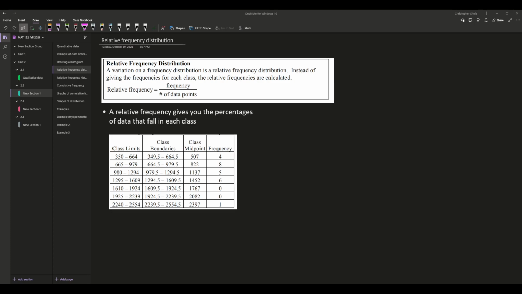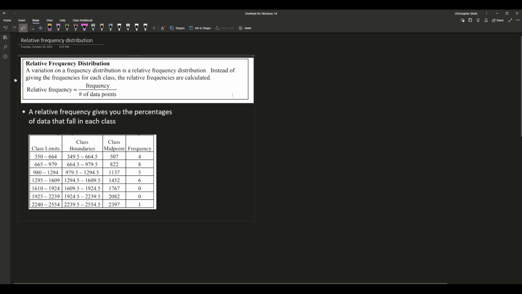So here at the top, we have a nice definition for relative frequency distribution. This is a variation on a frequency distribution. Instead of giving the frequencies for each class, you calculate the relative frequencies. So again, relative frequency is just frequency divided by number of data points.